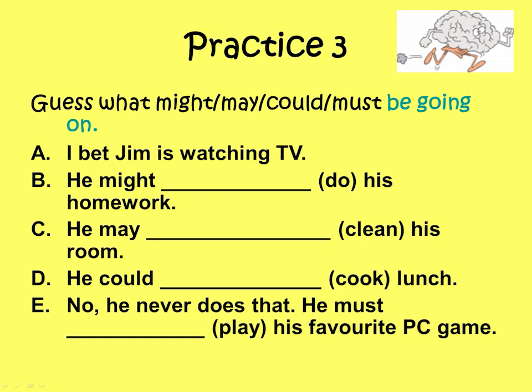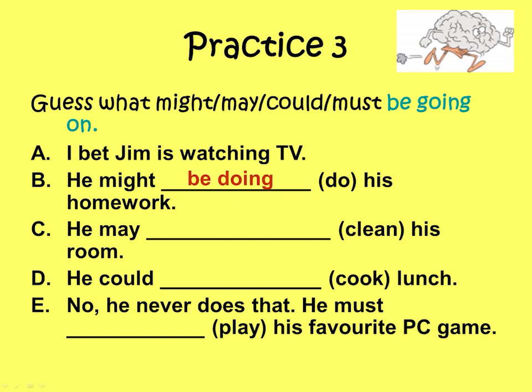Look at these situations and guess what might, may, could, must be going on or happening. A person A says, "I bet Jim is watching TV." B expresses probability and says he might be doing his homework.